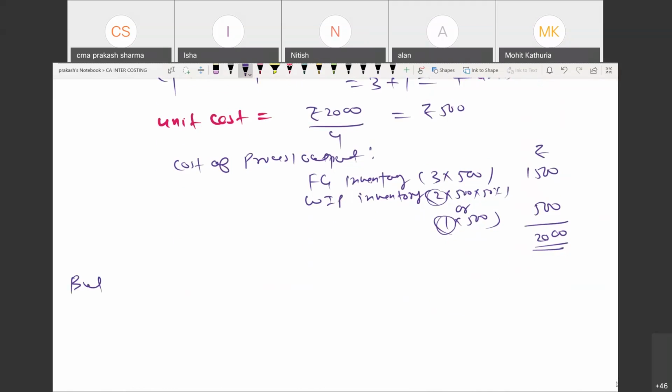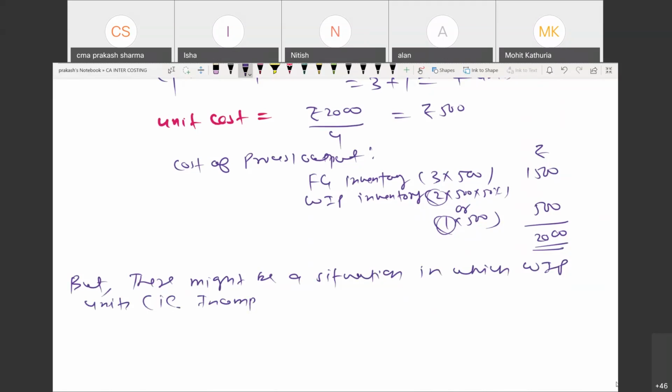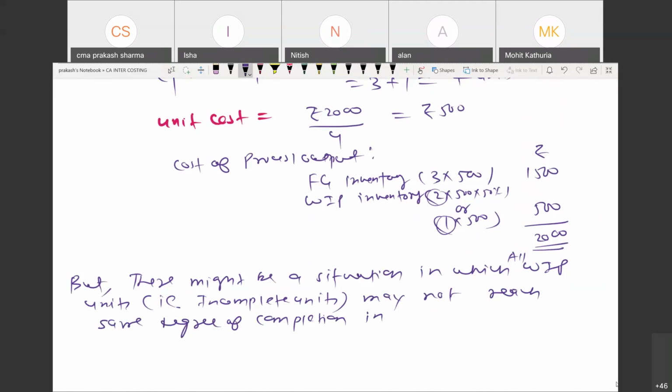But there might be a situation in which all WIP units, that is, incomplete units, may not reach the same degree of completion in respect of all elements of cost, that is, material, labor and overhead.